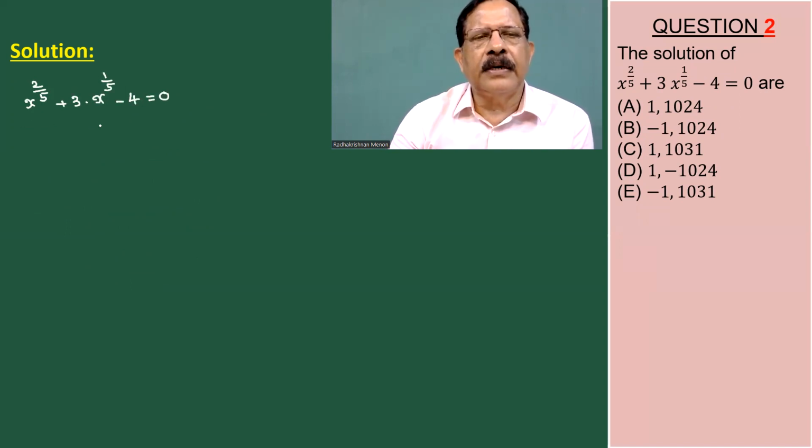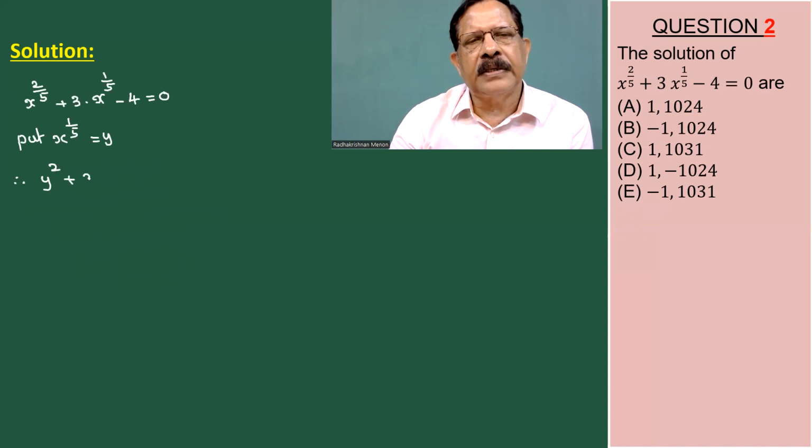You can reduce it to a quadratic equation if you give a suitable substitution. Put x raised to 1 by 5 is equal to y. Therefore, the given equation is now y squared plus 3y minus 4 equal to 0.